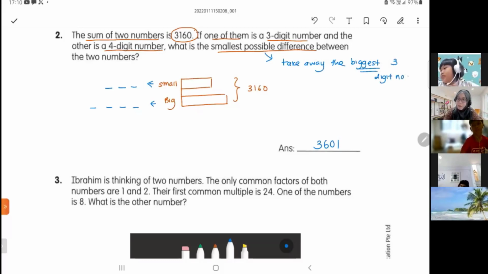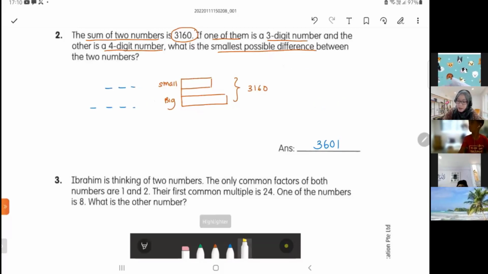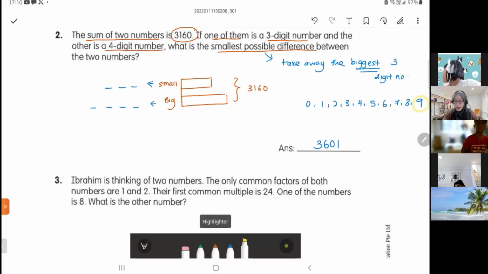So what is the biggest 3-digit number? 0, 1, 2, 3, 4, 5, 6, 7, 8, 9. Which is the biggest number? 9 is the biggest number, right? So the biggest 3-digit number, you will put it as 999. The 3-digit number is 999.